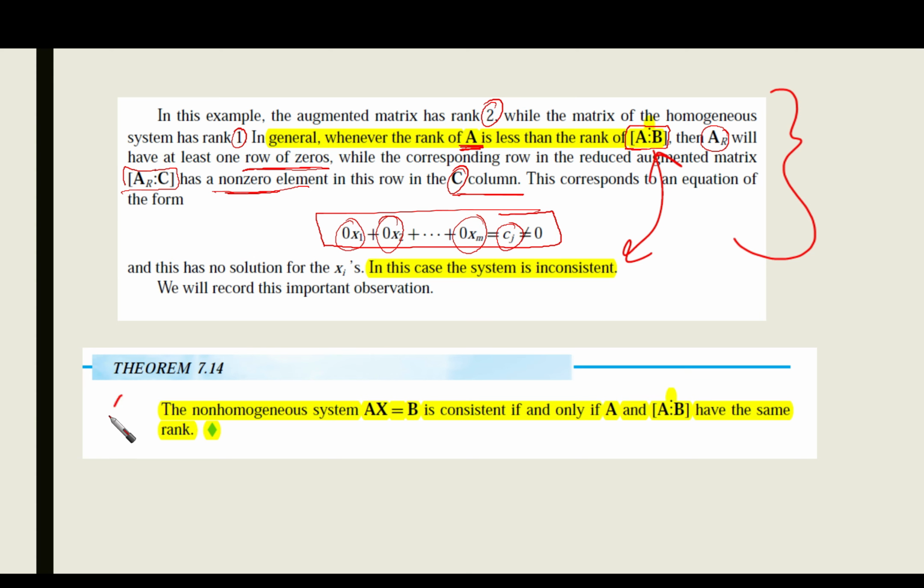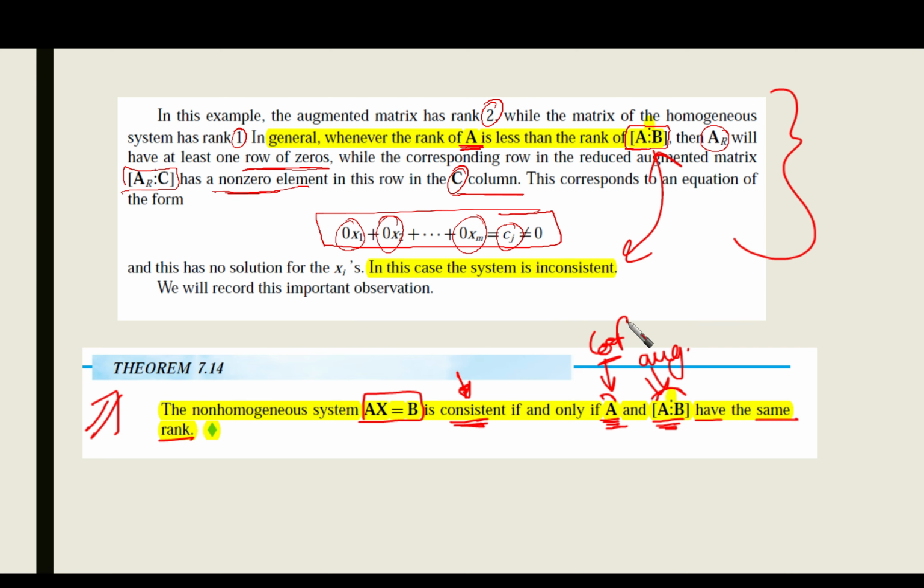So we're going to put it in a theorem. The non-homogeneous system AX equal to B is consistent. What is the meaning of the word consistent? Exactly, it means that it has a solution. It is consistent if and only if A, the coefficient matrix, and AB, the augmented matrix, have the same rank.